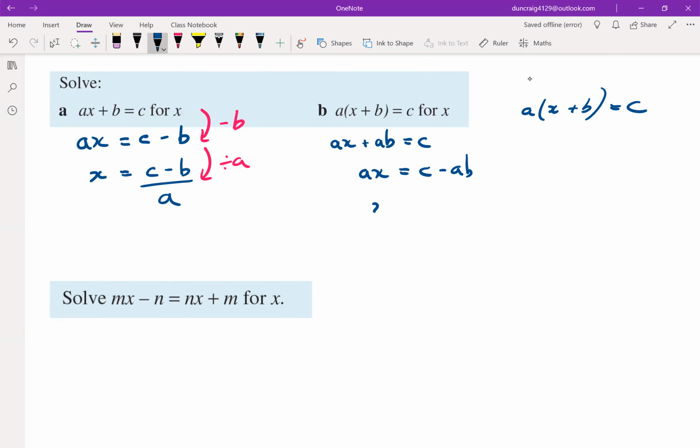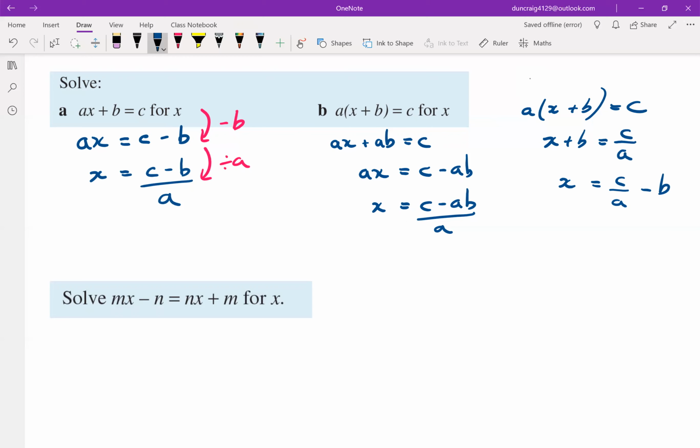In this one, I'm going to divide both sides by a. So I'm going to get x plus b is equal to c over a. Then we're going to subtract b from both sides. X is equal to c over a take b. You're thinking, oh, they're not the same answers.